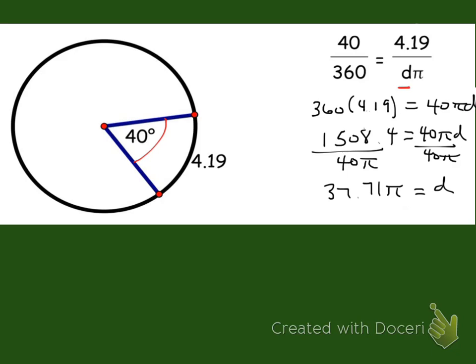Sorry, I wrote that wrong. 37.71 over pi is equal to d, and then you divide that by our pi function, and we end up with a diameter equal to approximately 12. And again, depending on what you're using to round, if you're using 3.14, or if you're using the pi button, you could end up with 12.0035 or something to that extent. But that helped us find our diameter.